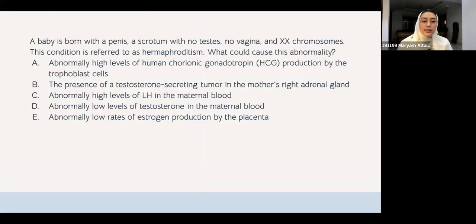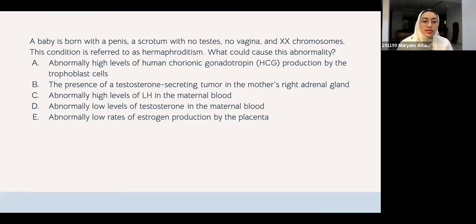Okay. And so let's say in this case a baby is born with a penis, a scrotum, and no testes, no vagina, and XX chromosomes. This condition is referred to as hermaphroditism. What could cause this abnormality? A, abnormally high levels of HCG production by the trophoblast cells. B, the presence of a testosterone-secreting tumor in the mother's adrenal gland.